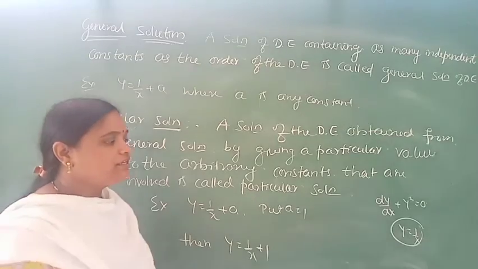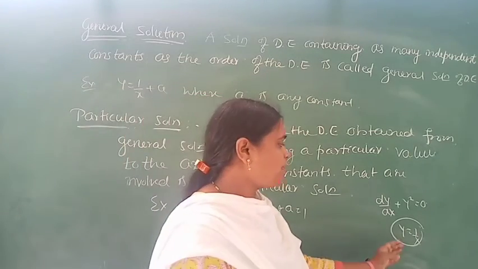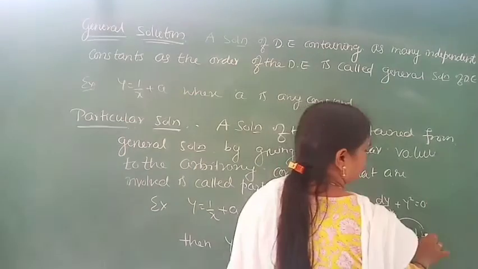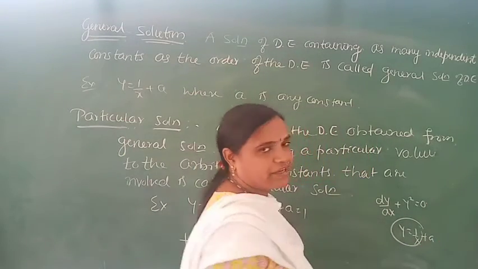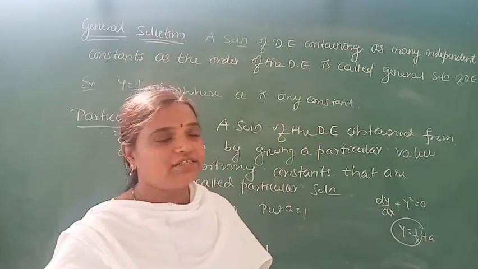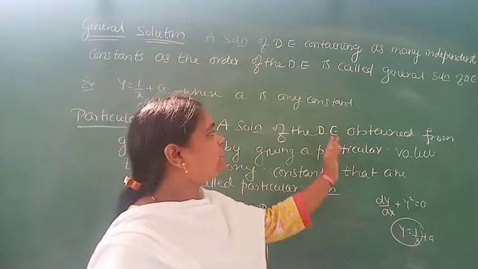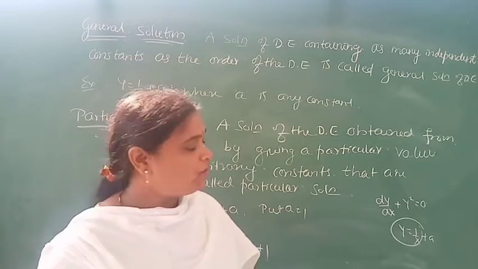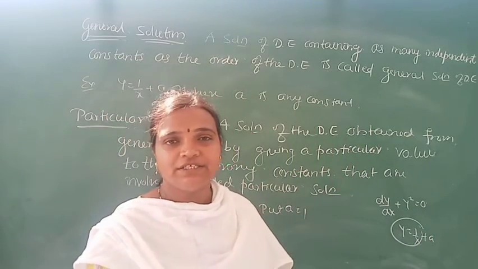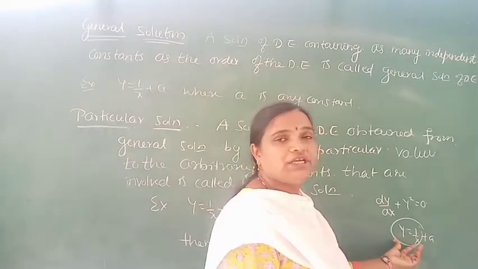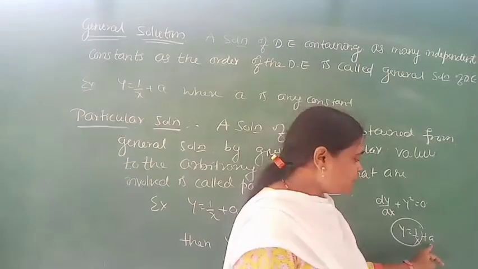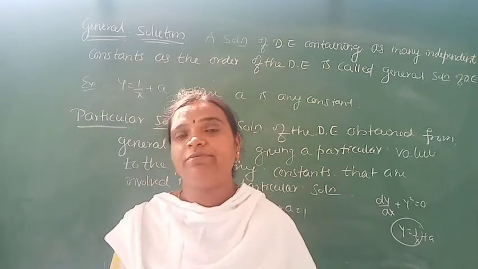Okay, in this case, if y equal to 1 by x contains some constants, for example a, b, c, d, whatever, that one we call the general solution. If you want to eliminate this constant, what are we doing here? Differentiation. If it contains only one constant, we do only one time differentiation.